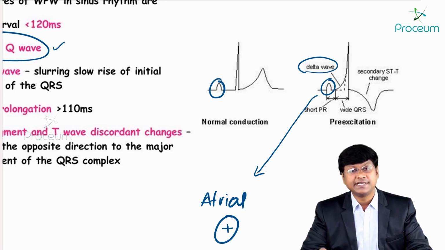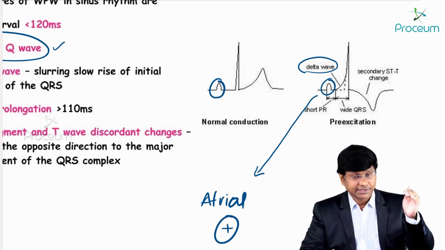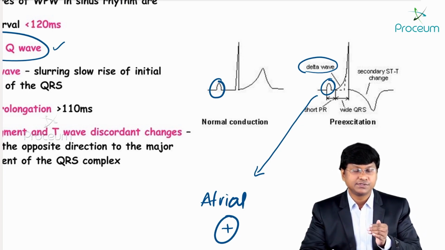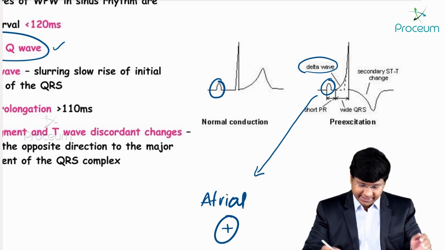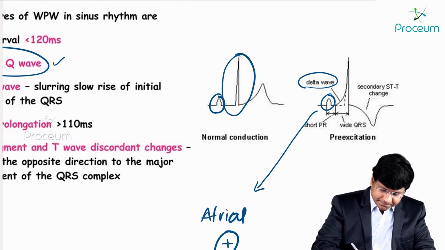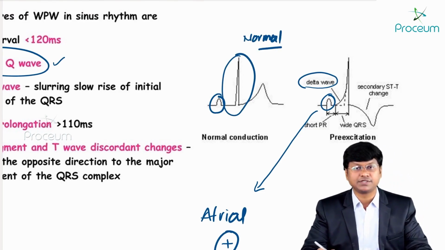Suppose the ventricle were getting depolarized through the internodal fibers, AV node, bundle of His, and right and left bundle branches; in such a case, you will have the normal QRS complex.